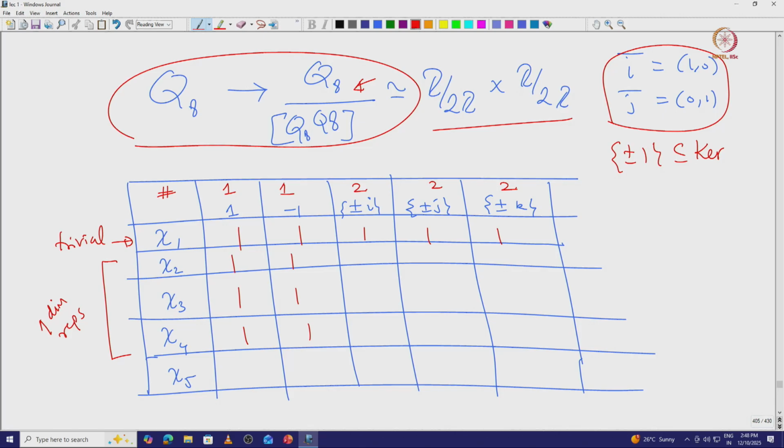For example, we can take I bar sent to -1 and j bar sent to 1. That is going to give us one representation. Similarly, we can also choose I bar sent to 1 and j bar sent to -1, and so on. If we take those values, this is going to be -1, this is going to be +1, and I bar j bar is nothing but k bar in the quotient.